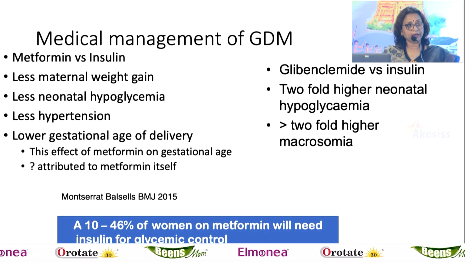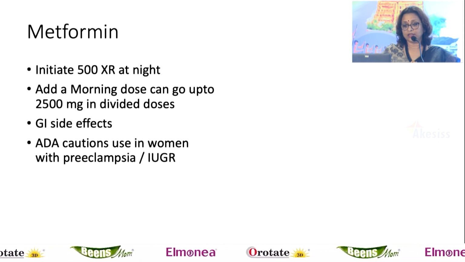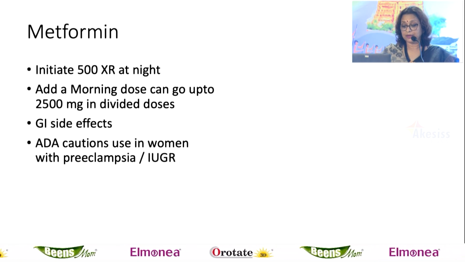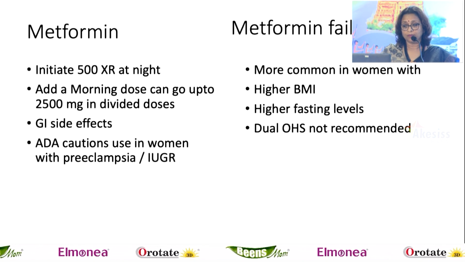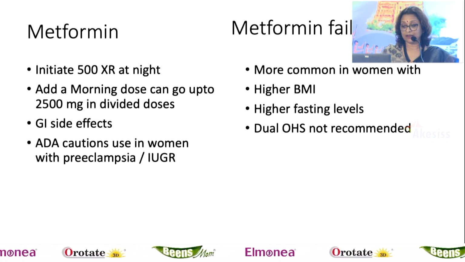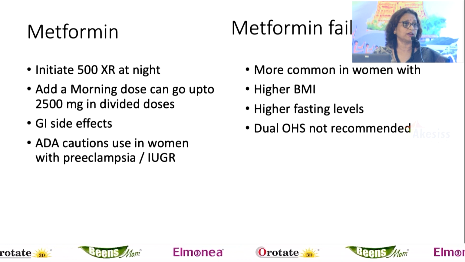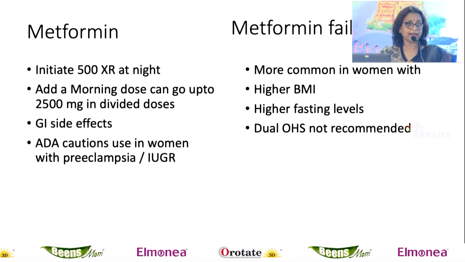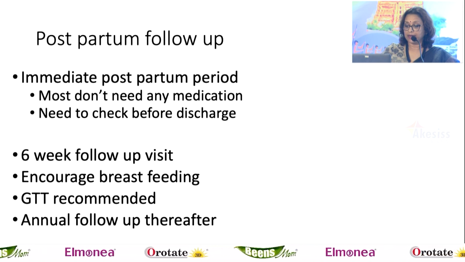So metformin becomes the OHA of choice in the management of gestational diabetes. And metformin failure, of course, is more common in women who have a much higher BMI, much higher fasting levels, and generally, if it fails, you need to add insulin and not another oral hypoglycemic agent. And I think those are important criteria to keep in mind.